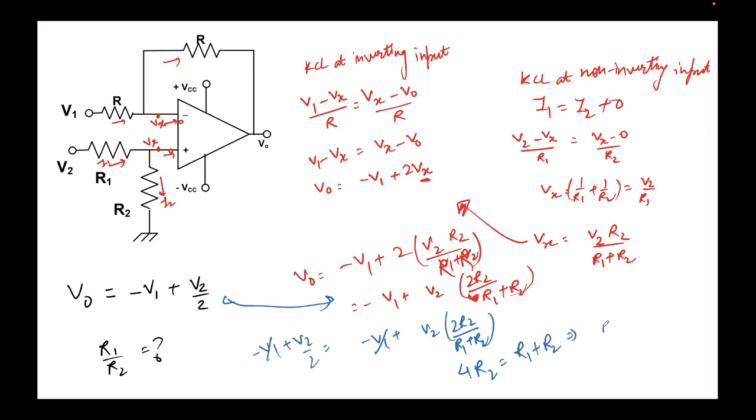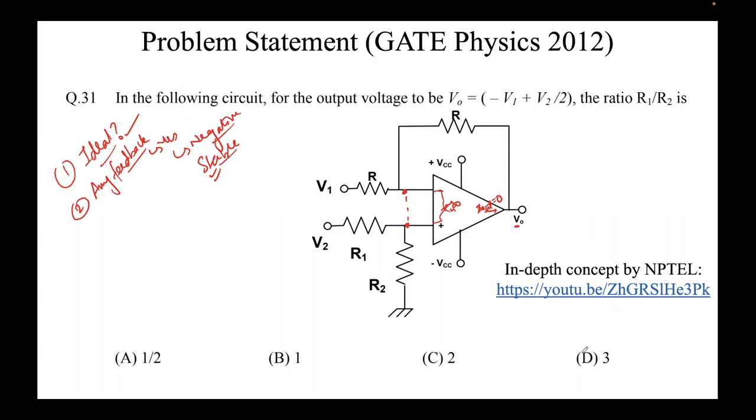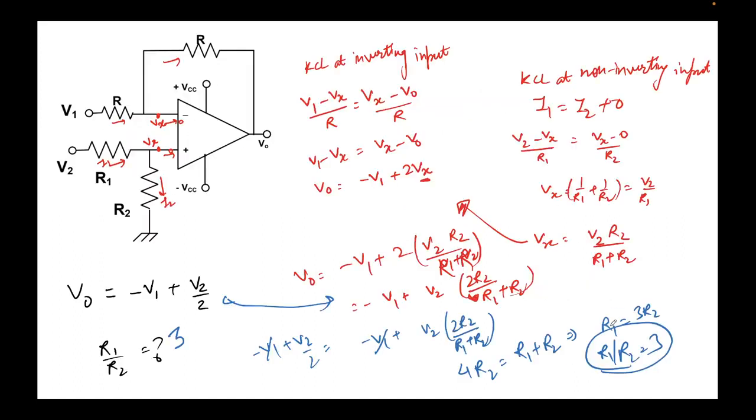This implies R1 equal to 3R2. We were required R1 upon R2, so R1 upon R2 equal to 3. This is the answer, and this is option D. Very straightforward question.